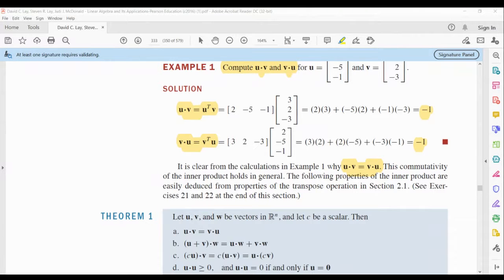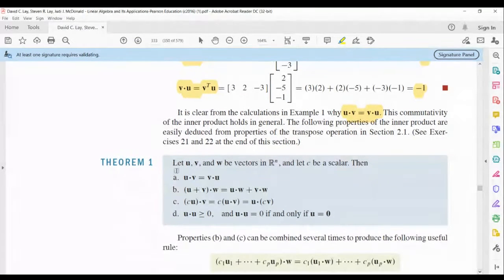Okay, so if we go down here a little bit, they have a theorem regarding properties of dot products. Okay, so dot product is commutative. A dot product can be distributed. That's B. A dot product can be distributed, property B. If you have a constant times a vector u and you dot it with another vector v, the constant can be pulled out front.